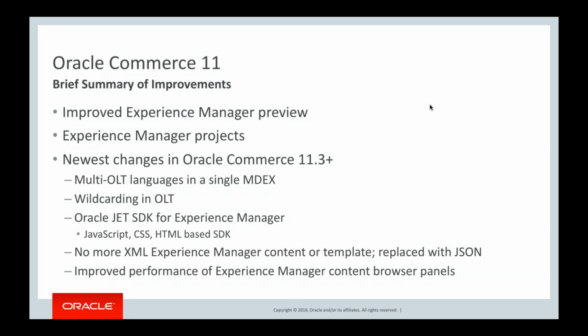And so we're moving away from using XML to using JSON, because we're trying to make a lot of this content available through REST endpoints. So we've gone away from using these XMLs, we're now using JSON.